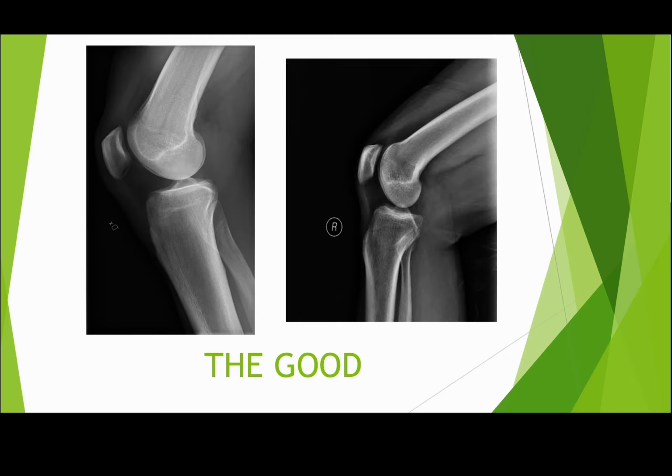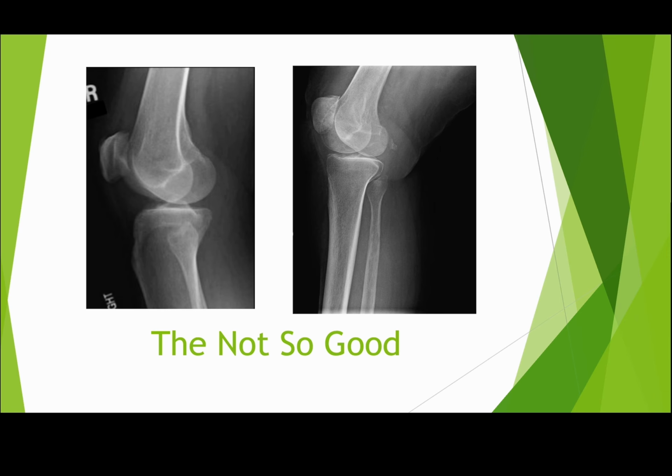So here's our good. We see that the femoral condyles are beautifully superimposed. We have a nice, beautiful open space of the patellofemoral joint. And here's a not so good. So our first image over here is under rotated.